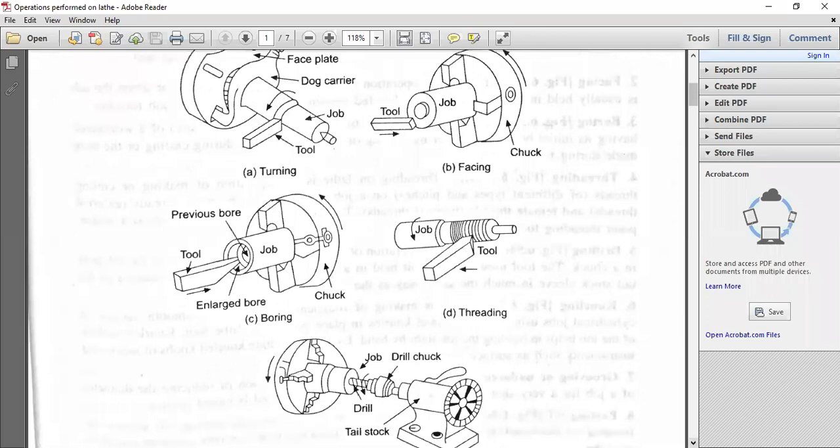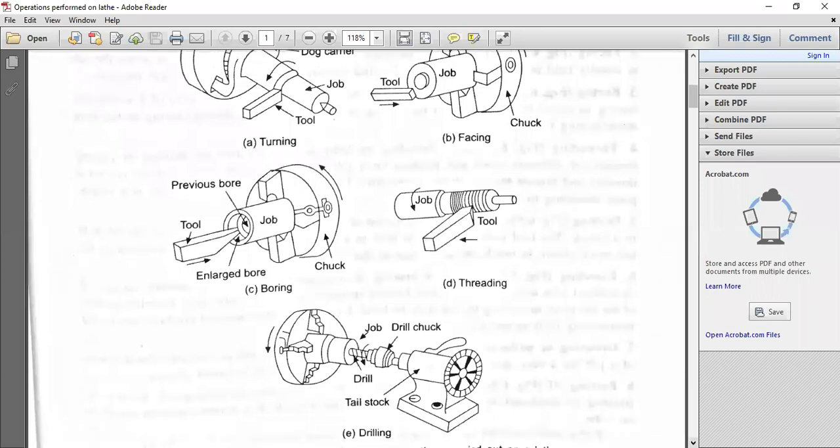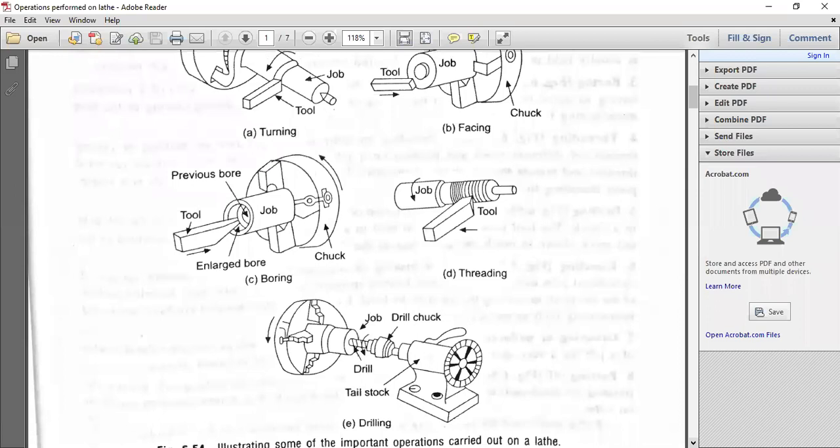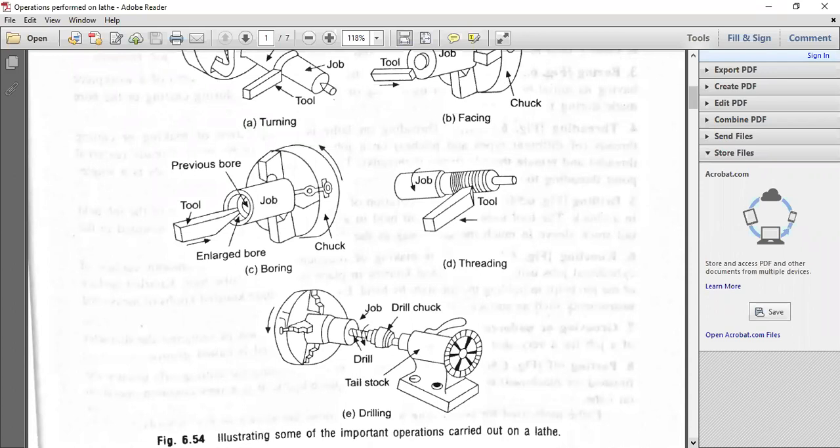All these are threading operation and boring operation, other than turning and facing. Other operations are also like that, such as the drilling operation, where you have to keep the drill. Already I told you, if you want a drilling operation at the end of the workpiece, you have to keep the drill chuck at the tailstock end, place the drill in the drill chuck, and go for the drilling operation at the tailstock end.